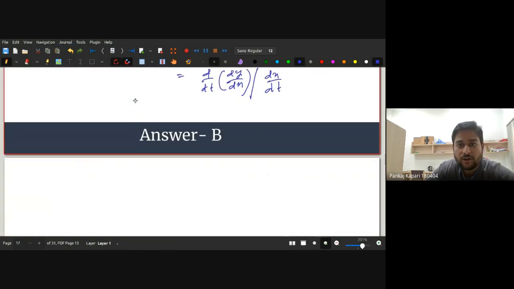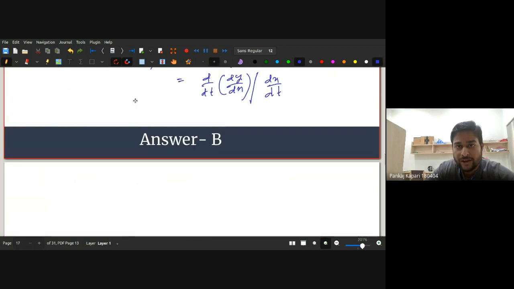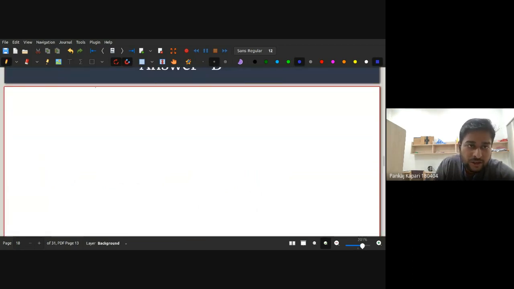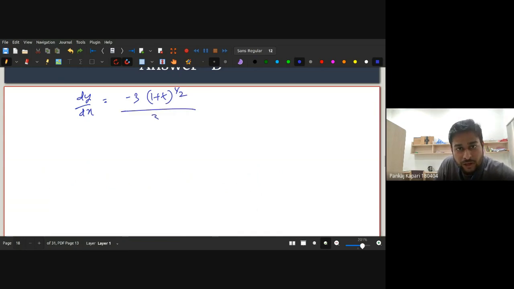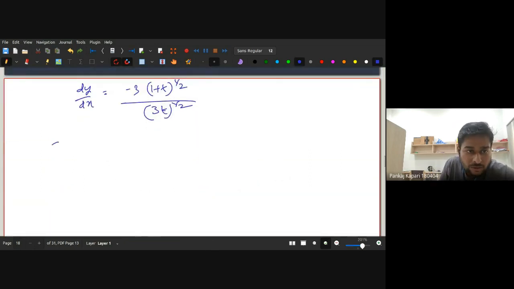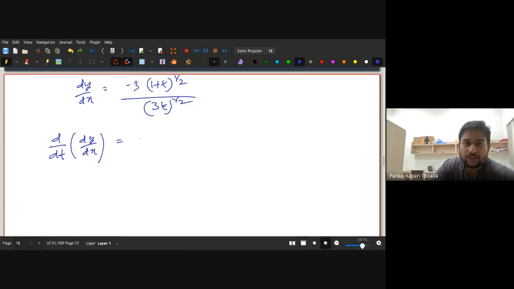So let's find the second derivative of y with respect to x. What was dy over dx? We have minus 3 (1 plus t) to the power half divided by (3t) to the power half. Now we have to find d by dt of this function dy over dx, which we can easily calculate using the quotient rule.